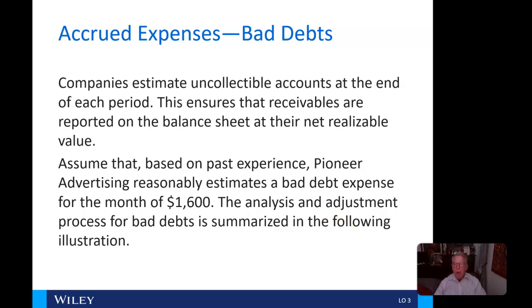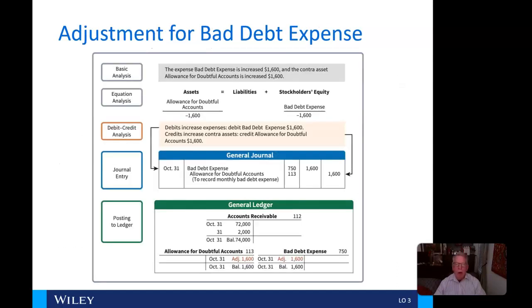Assume that based on past experience, we can reasonably estimate a bad debt expense for the month at $1,600 to make the analysis easy. So we're going to assume right there and then, even though we've had no real bad debts expense, we're going to book this bad debt expense of $1,600 in that month, which is October.